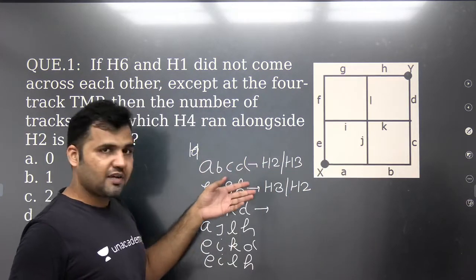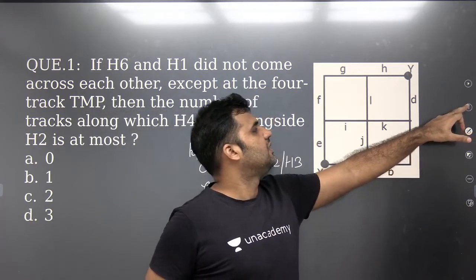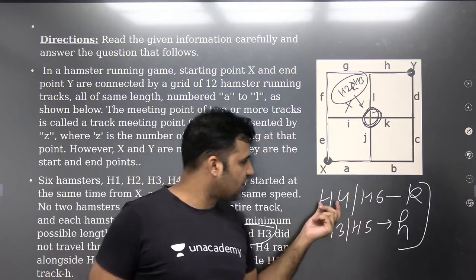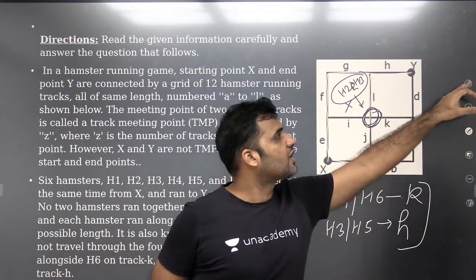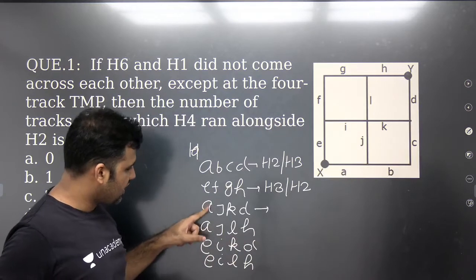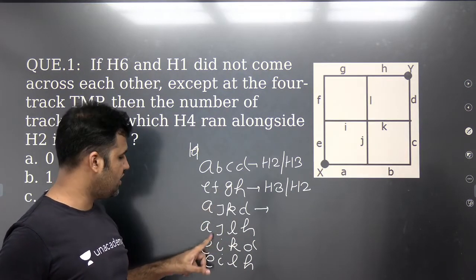Now H2 and H3 have these possible cases, and because it's mentioned that H4 and H6 are sharing the track K, you see that out of the remaining options, K is coming only in these 2 possible cases, right? K is coming either in AJKD or EIKD.